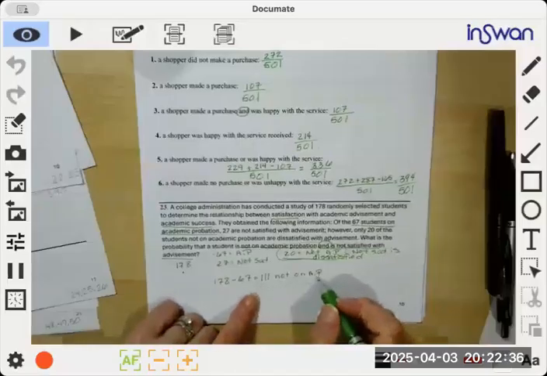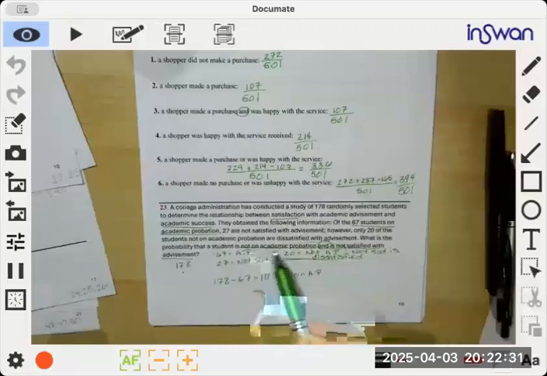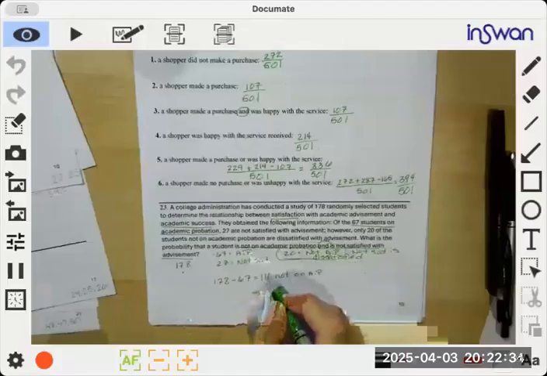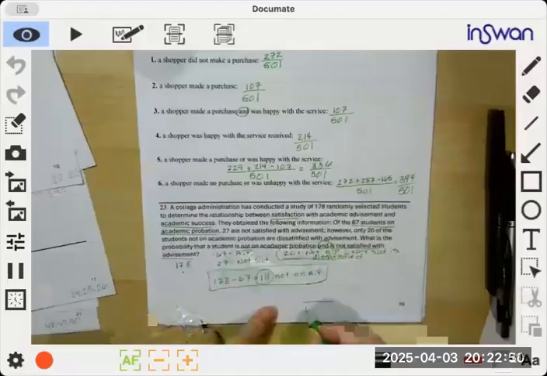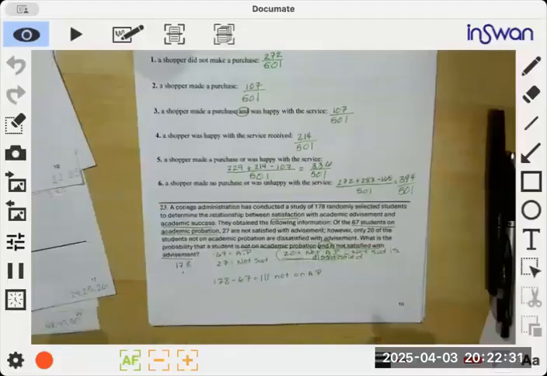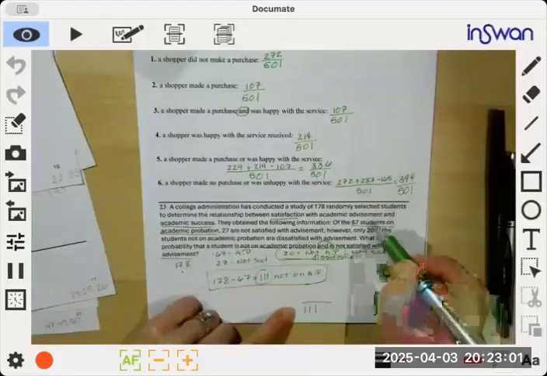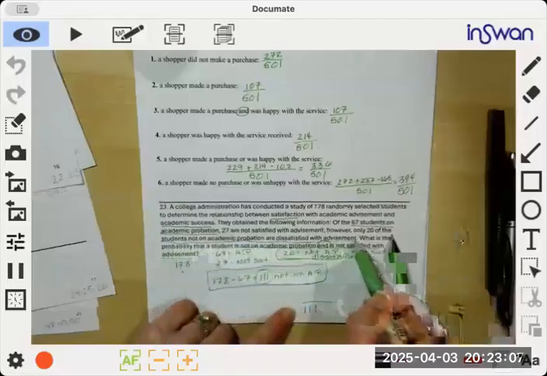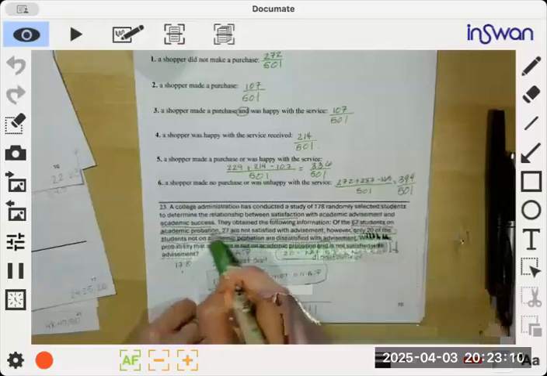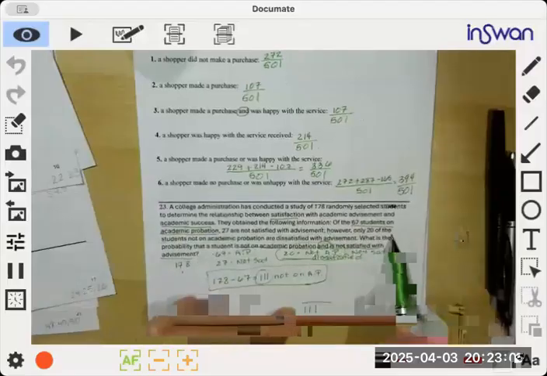So our bottom number, the probability that a student is not on academic probation, that's this number. That's our denominator. And then the numerator is those 20 students not on academic probation who are dissatisfied. So 20 out of 111.